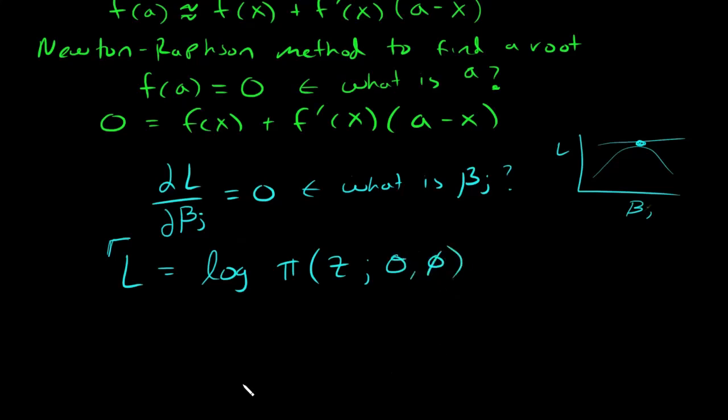Now if I have more than one value of z, I have n independent observations. When you have independent observations, you can multiply your density function by itself, so let me write this like this. This capital pi stands for multiplication, from k equals 1 to n.